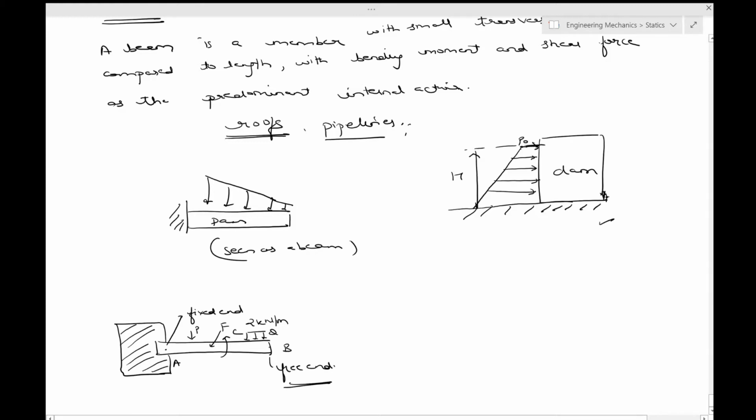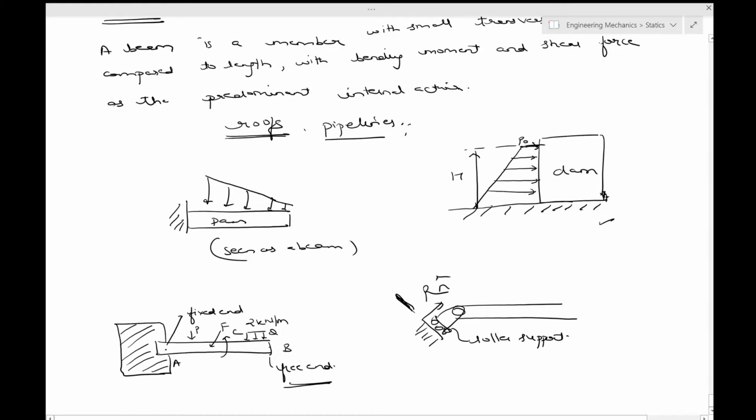You can also have a roller support, say something like this, so the reaction in this case would be in the normal direction, because it allows a free movement in this direction.